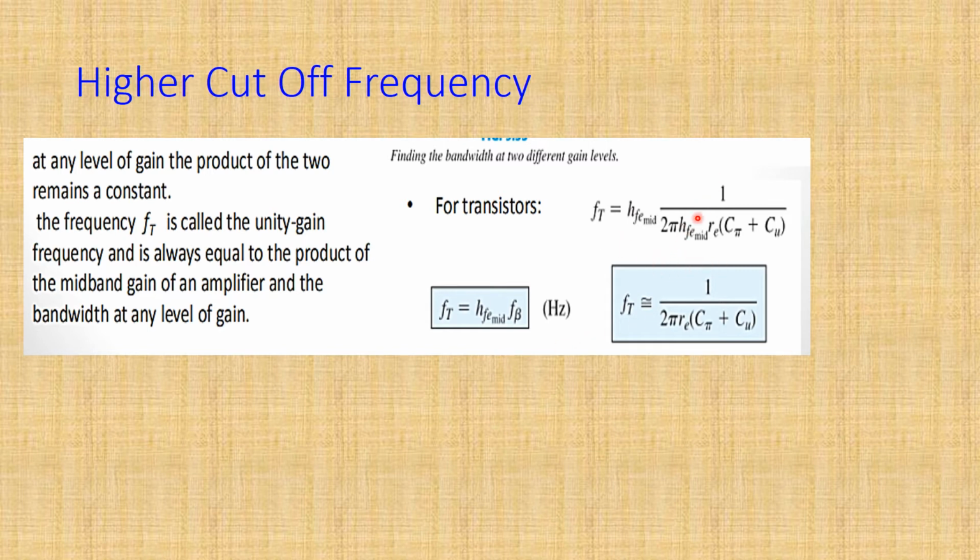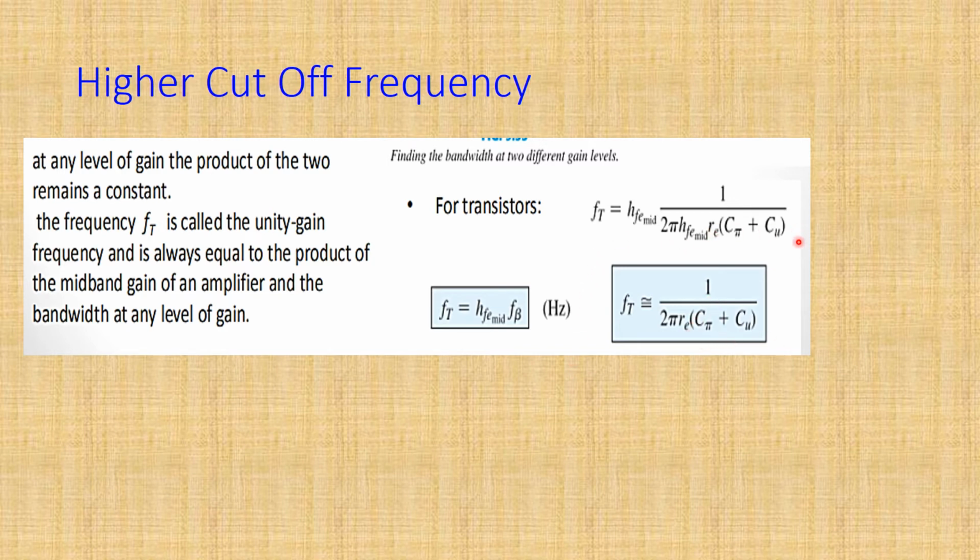F beta is 1 upon twice pi HFE mid into RE into C pi plus C mu. So in terms of F beta, it comes out to be 1 upon twice pi RE upon C pi plus C mu.